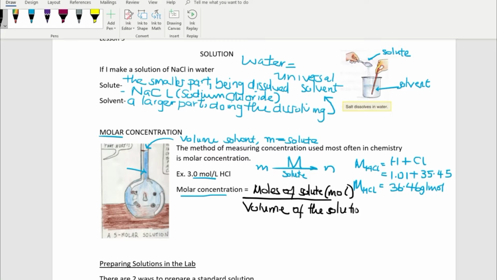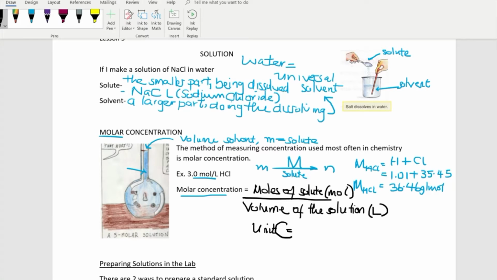And the volume of the solution is mainly the volume of the solvent, measured in liters. So our standard unit for moles is moles, and our standard unit for the volume of a solution is liters, and then the unit of concentration, which I'll put as molar concentration, to be C.